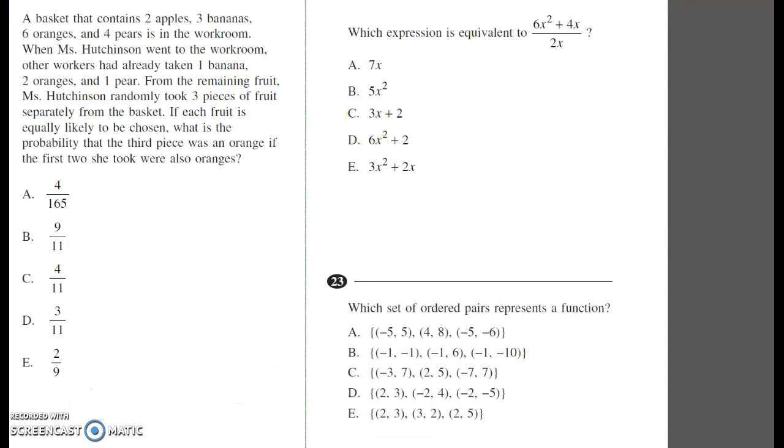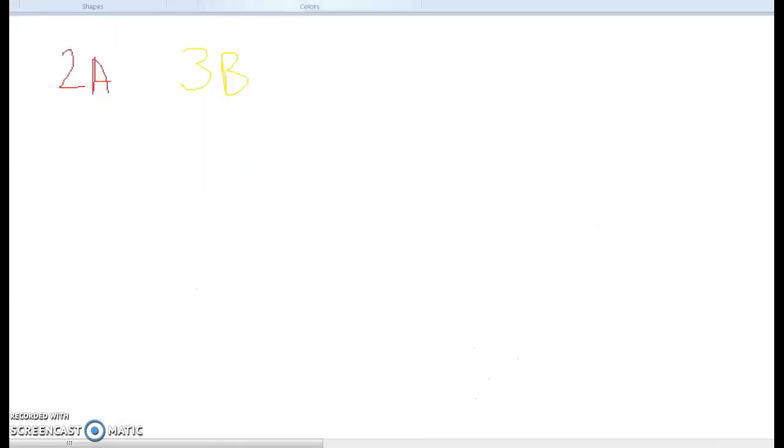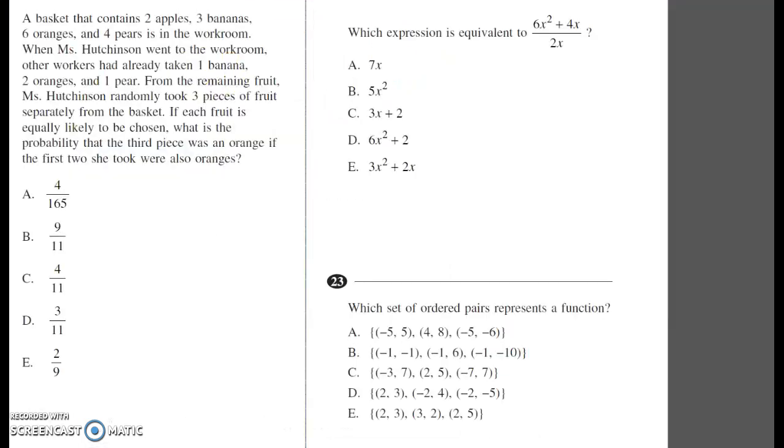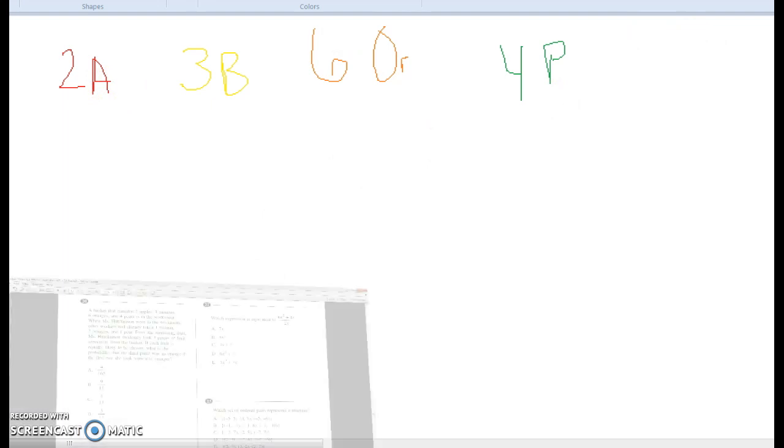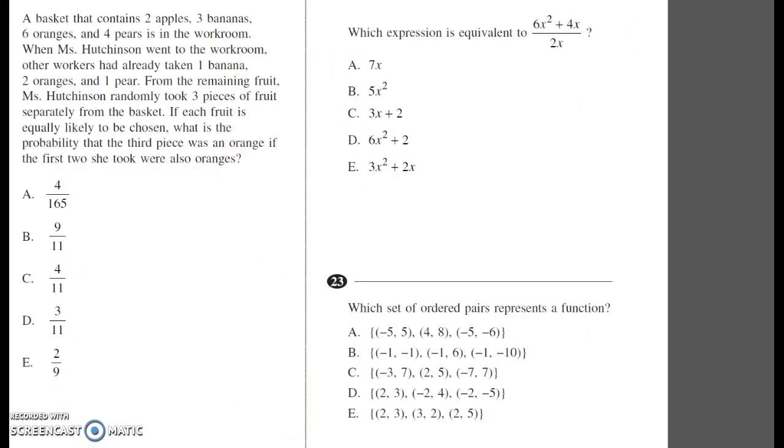It has 6 oranges. I'm going to put OR so I know that's not a 60. And then it has 4 pears. Okay, this is all of the fruit that's in the basket. It says all of this is in the workroom.